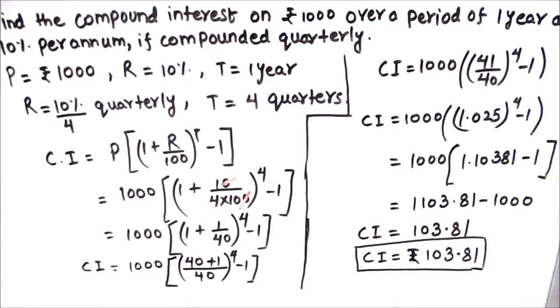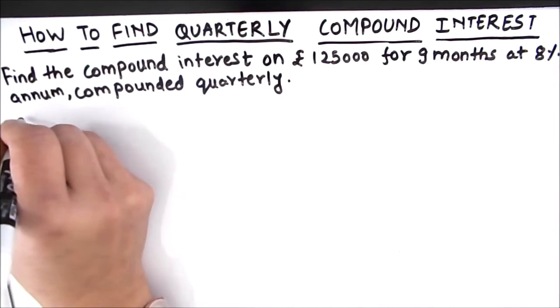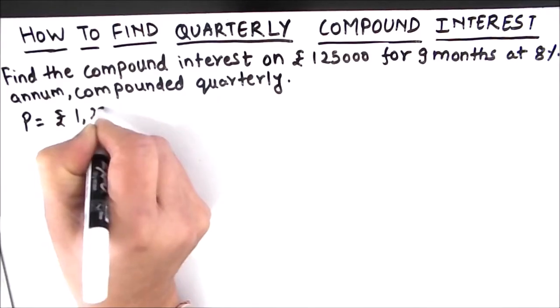So let's solve one more example where the time period is not 1 year, it is less than a year. So our second example is find the compound interest on rupees 1,25,000 for 9 months at 8% per annum compounded quarterly. So let us first write what is given in the question. Given is principal amount of rupees 1,25,000.